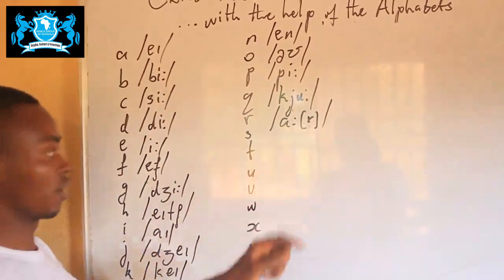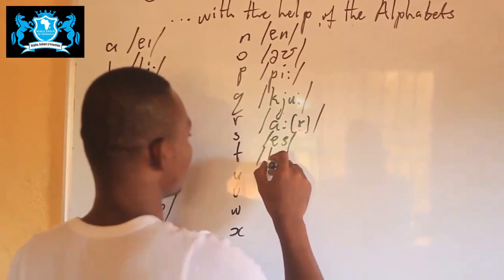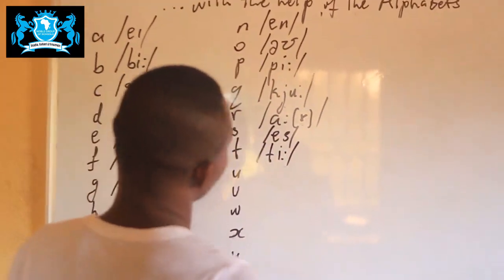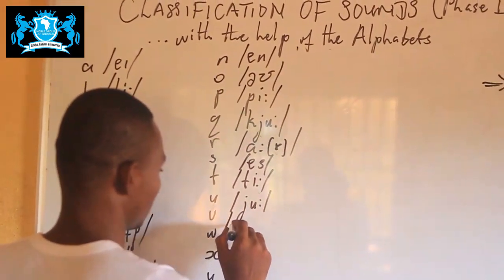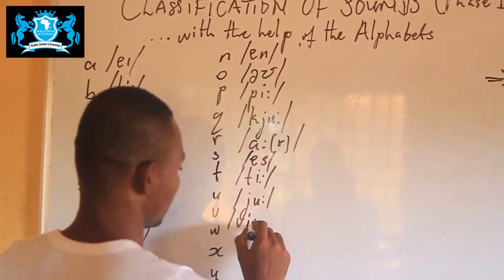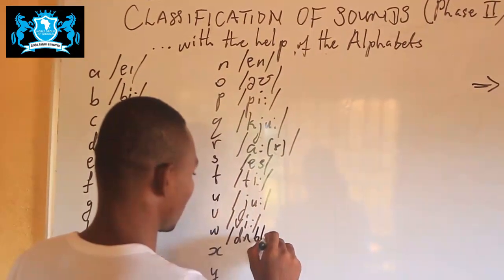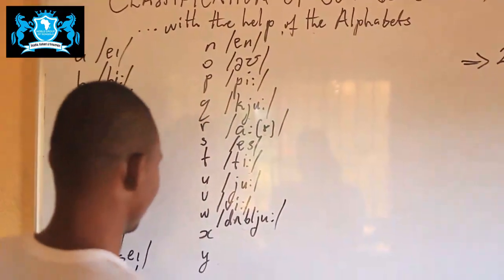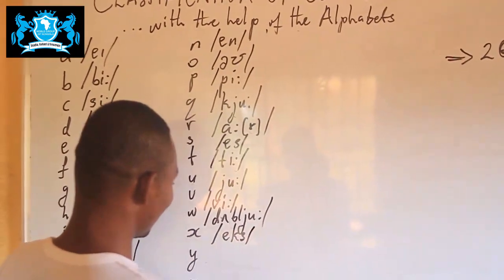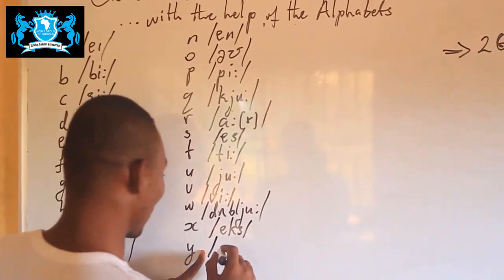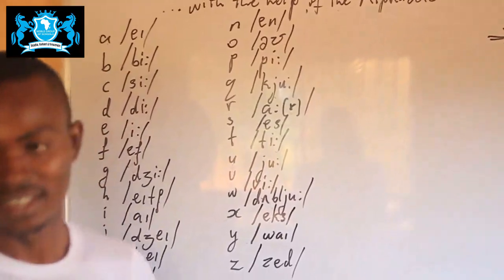So you now have R. S is transcribed as S. T is transcribed as T. U is transcribed as U. V is transcribed as V. W is transcribed as W. X is transcribed as X. And then Y is transcribed as Y, and Z is transcribed as Z.